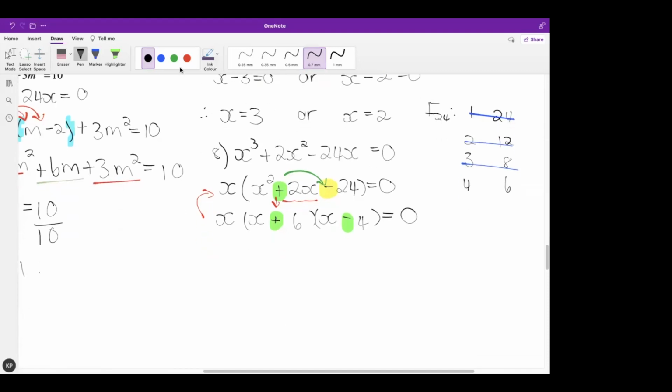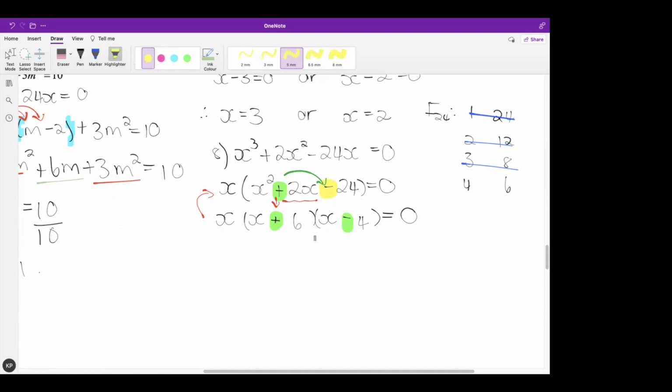Now what would we have done if this was just a trinomial? Let's go back to what equations mean, okay? It means x times x plus 6 times x minus 4 equals 0.